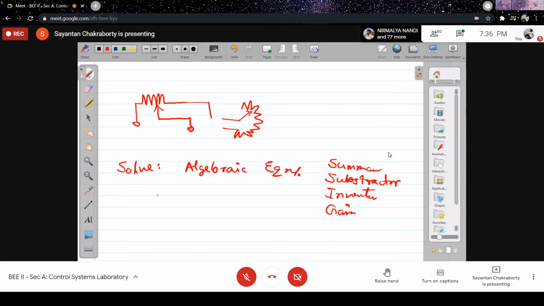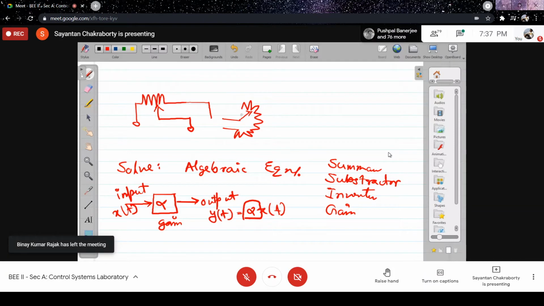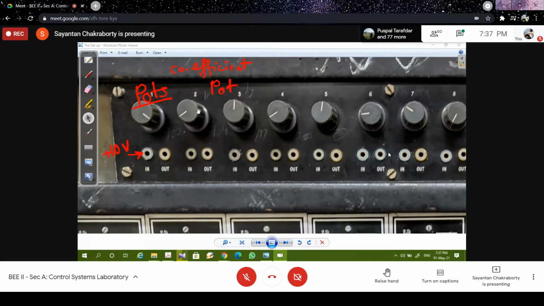How is the gain normally represented? This is a gain alpha. You give an input and you get an output. If you give x(t) as an input, then your output will be alpha x(t). This alpha value is set using these pots. So these pots can be used to simulate an algebraic equation.